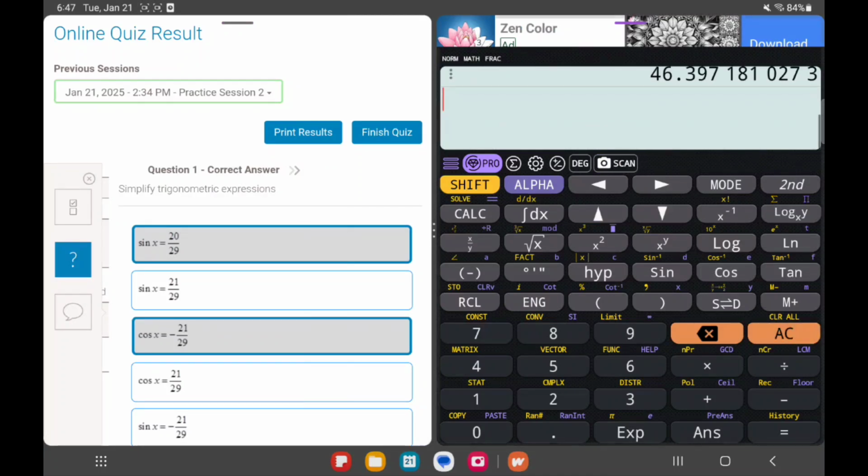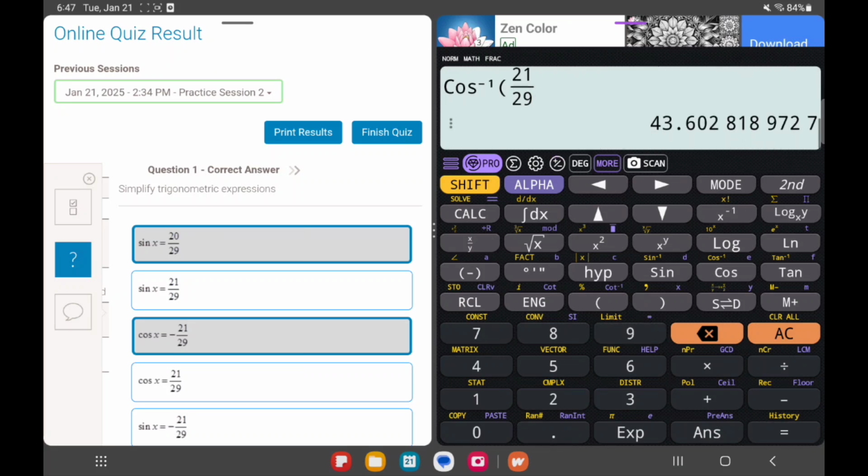Let's do cosine x equals 21 over 29, not negative. Shift cosine 21 over 29. Here we get the right value, but remember what I told you, cosine has to be negative because it's obtuse, so it's in the second quadrant. So what's the same number but opposite?